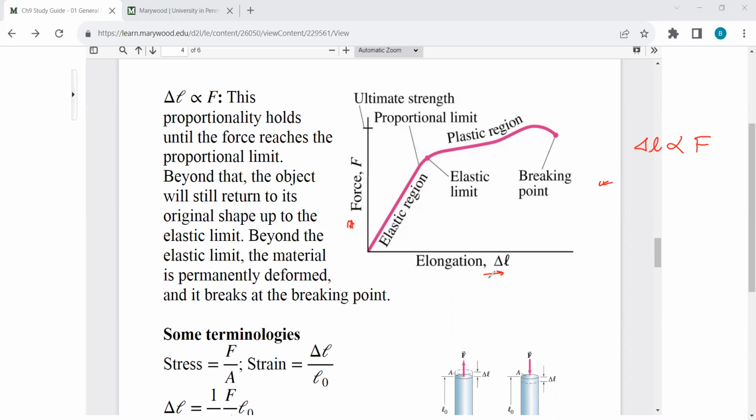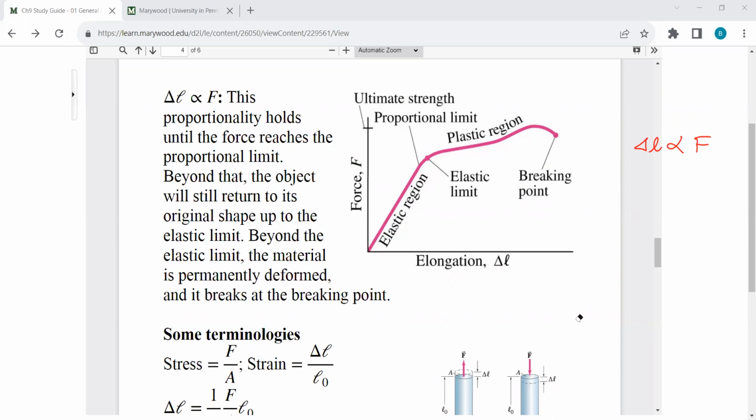I would basically do the opposite, with delta L in this direction and F in this direction. But anyway, I copied this from your textbook, so whatever they use, let's go with this. It is force versus elongation. As you know already, delta L is proportional to F. That means the more the force, the more the elongation.